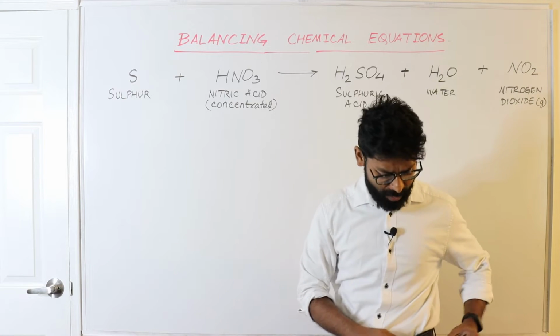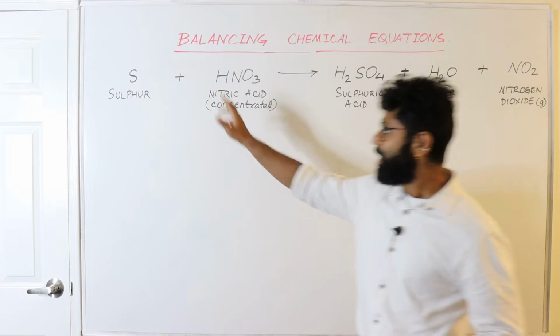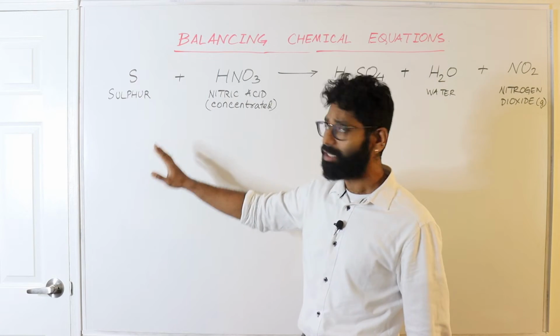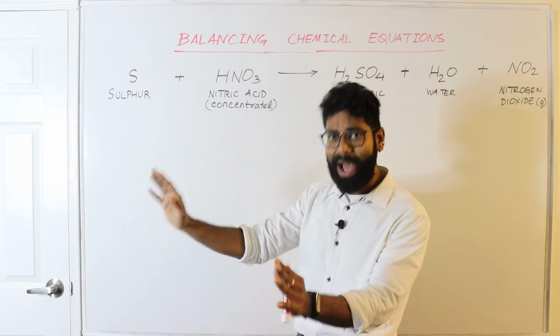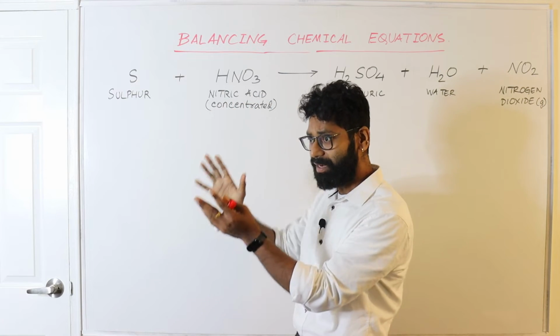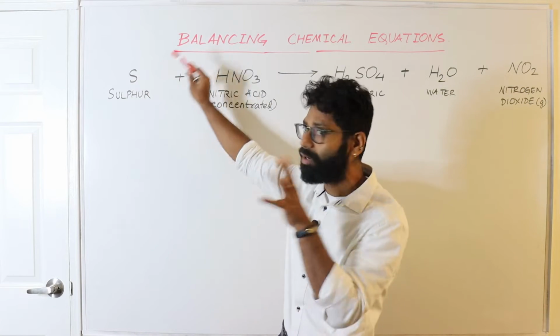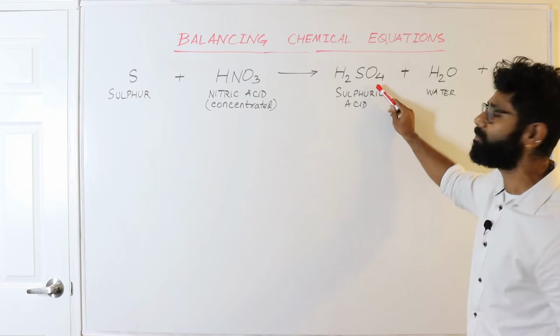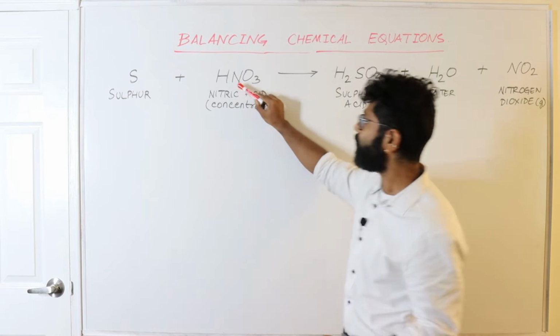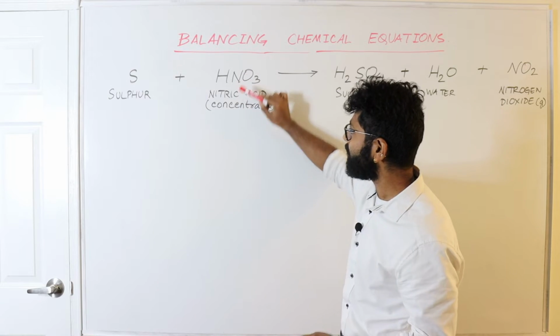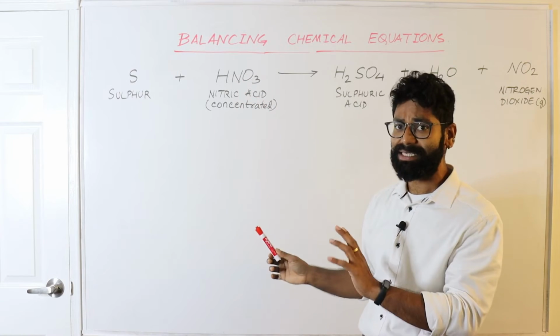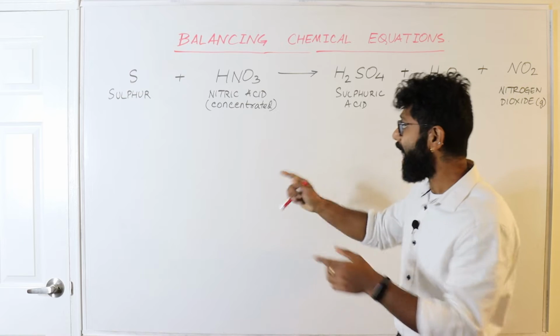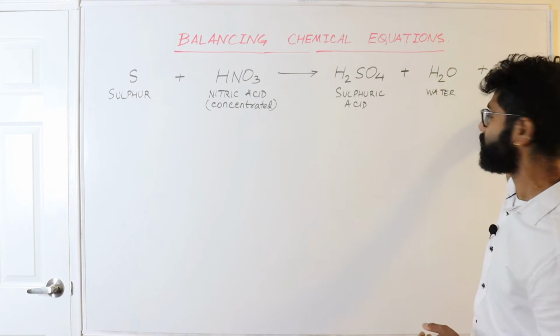nitrogen dioxide. Now what you can see here is that the sulfur atom is present only in one of the reactants, right? So sulfur is present in only one of the reactants, and then sulfur goes to only one of the products. Similarly, nitrogen exists in nitric acid only in the reactant side, and then it goes only to nitrogen dioxide.